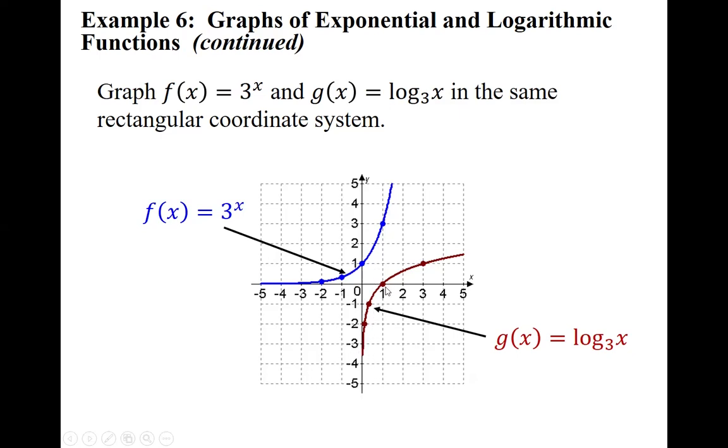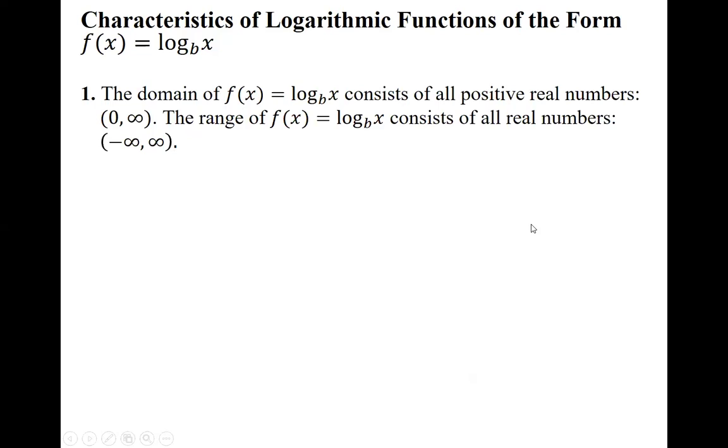So only things greater than 0 for x are defined on the red graph. Meanwhile, though, it goes all the way down to negative infinity, and slowly but surely it will make its way up to positive infinity. So the outputs would be all real numbers.